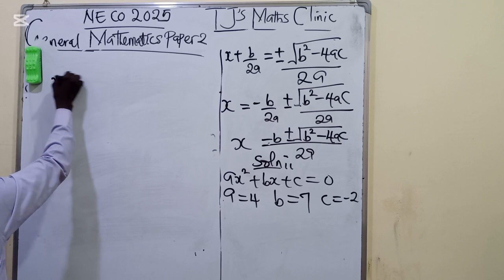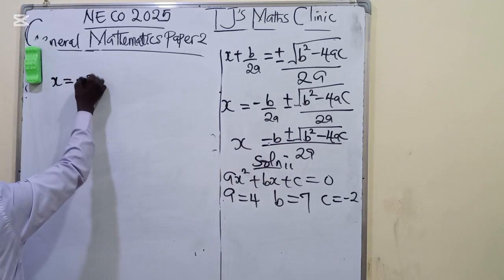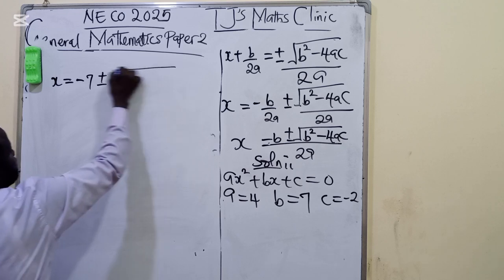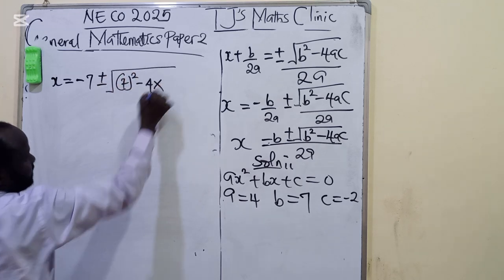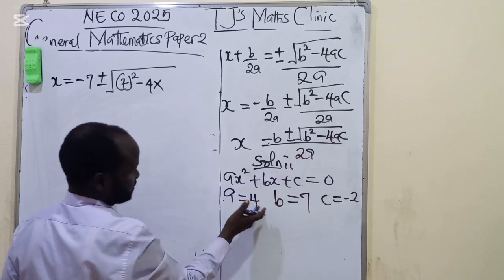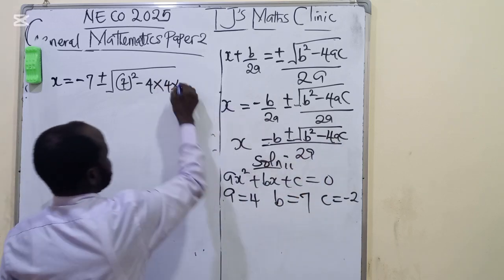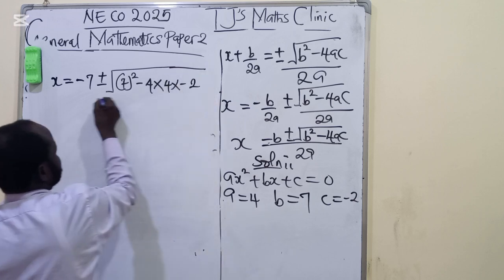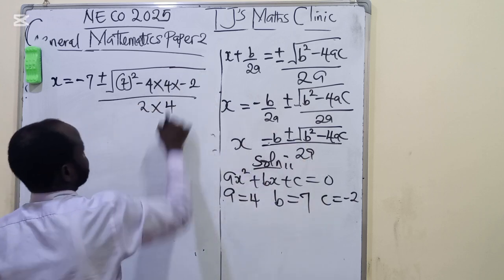We have x now equal to −b. Our b is 7. That will be −7 plus or minus the square root of 7² − 4 multiplied by our a, of course, which is 4, multiplied by our c, which is −2, divided by 2 times our a, which is 4.